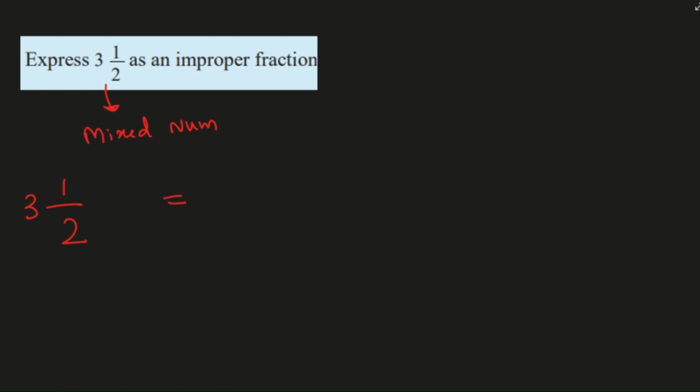Right. What I'm doing, I'm writing the denominator as it is, and I'm drawing this line as well. Then I'm multiplying 3 and 2, and I'm putting these brackets as well because I need to get the answer of this multiplication first, okay? And then for that I'm adding 1.